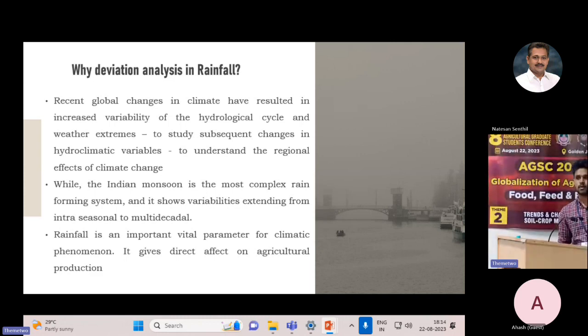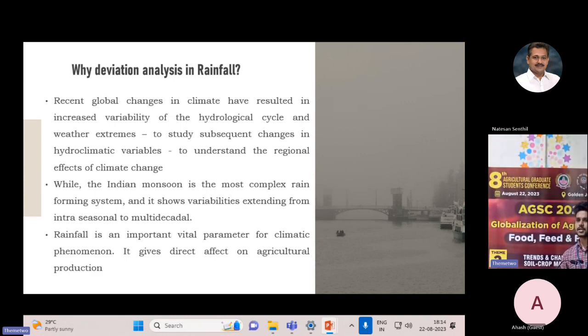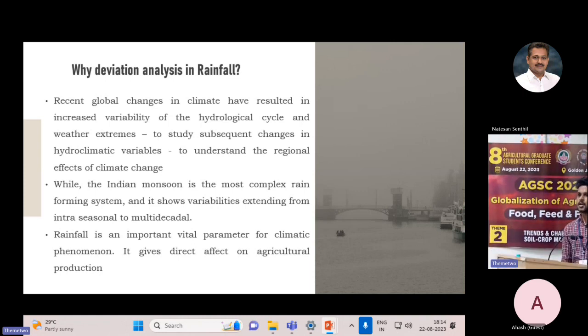In high rainfall zones, generally we think that in future rainfall will be higher, or it will be normal, but it's not true.